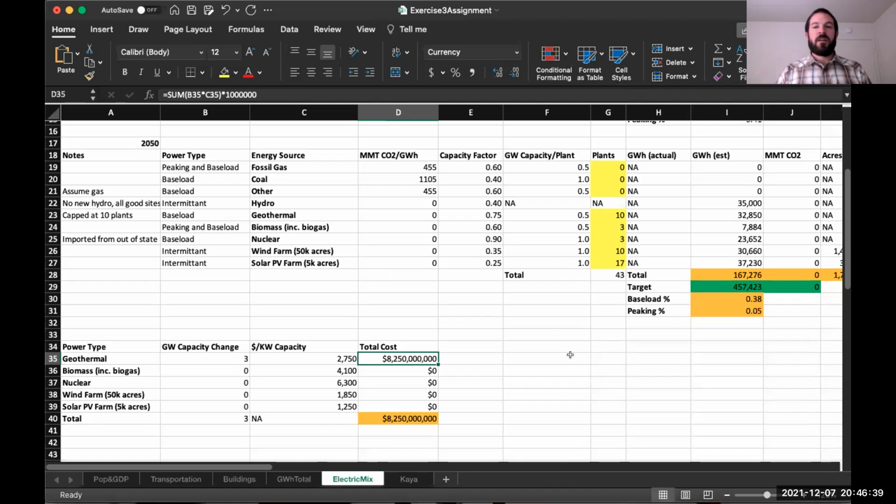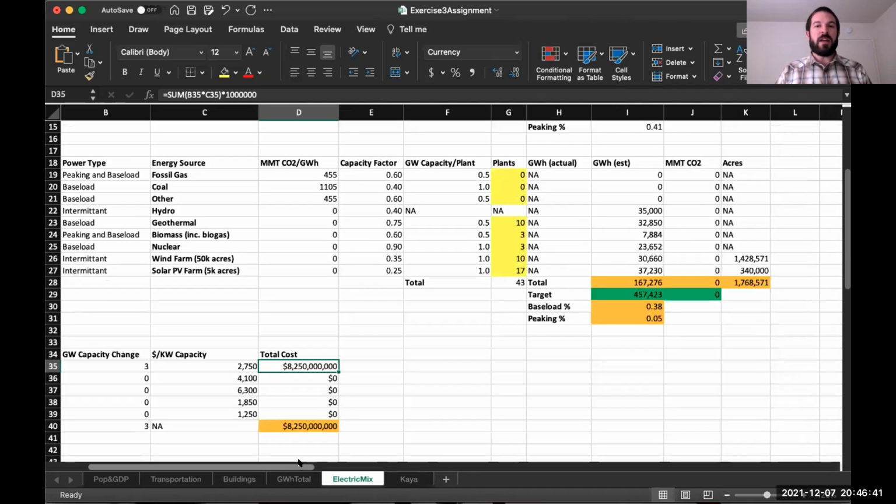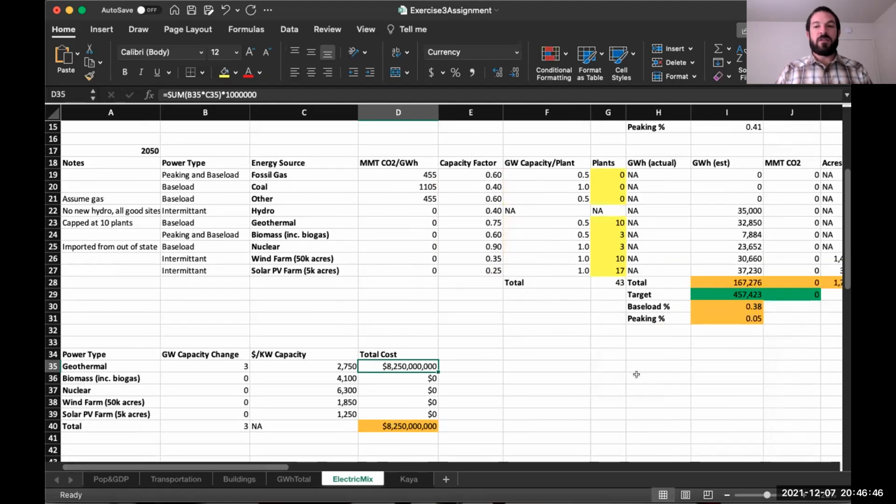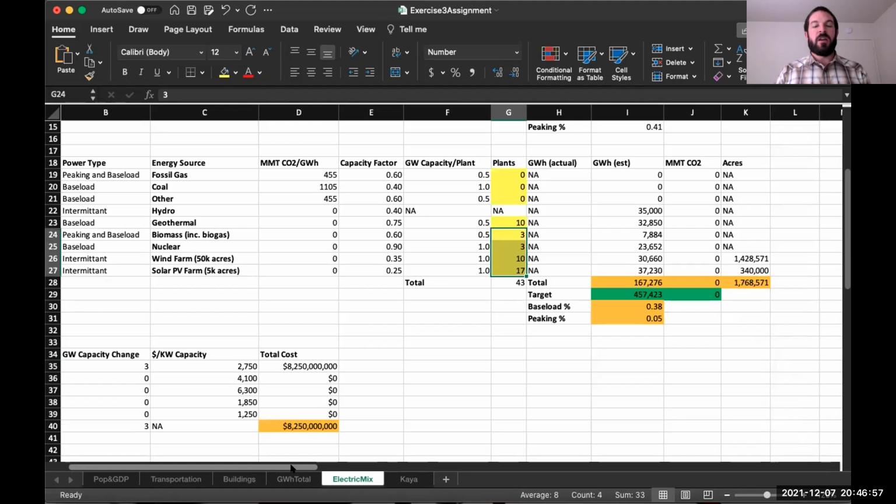All right, so the next thing that you are going to end up doing here is fiddling around with the number of nuclear plants, the number of biomass, the number of wind farms and solar PV farms, to make sure that this cost doesn't go over 210 billion, and to make sure that you get a number that's within 5,000 gigawatt hours of this number here in green.